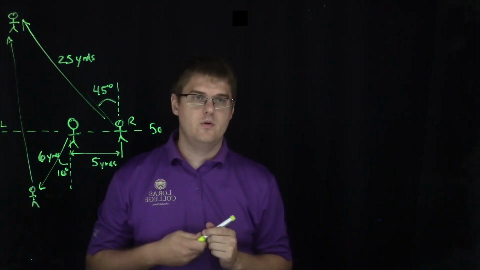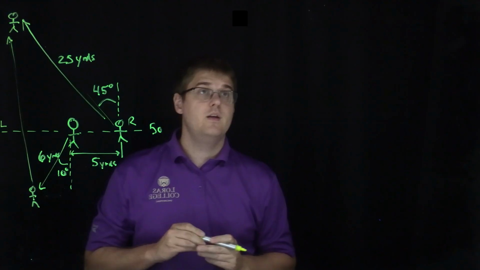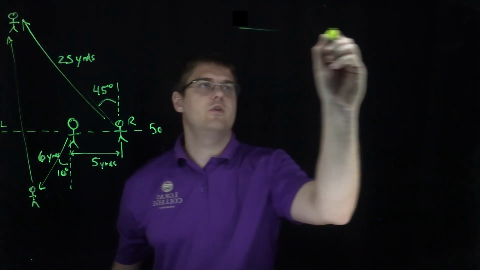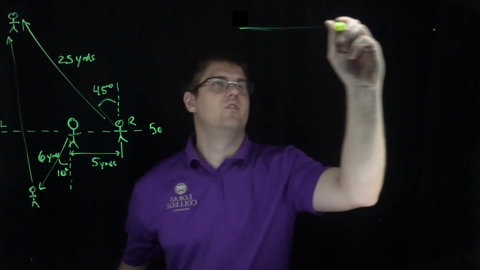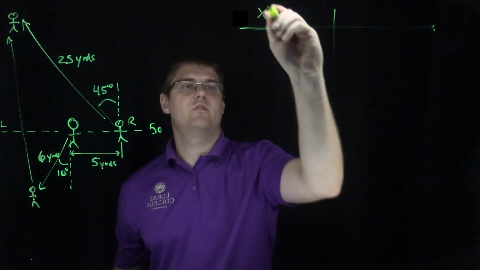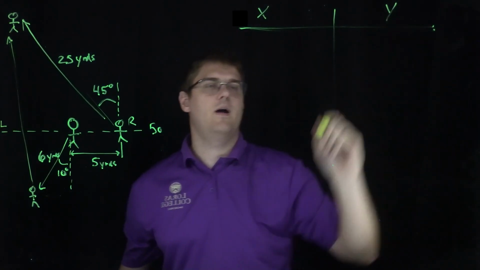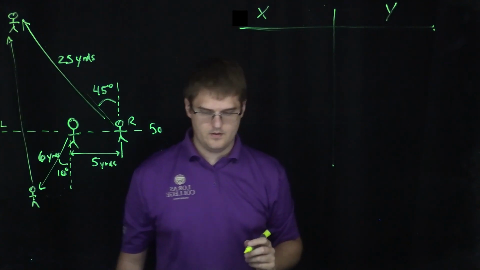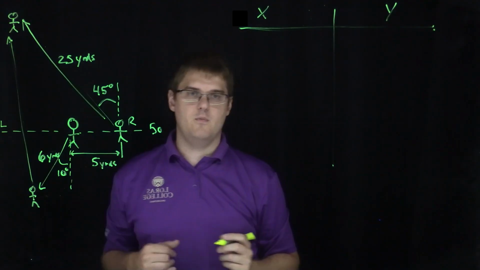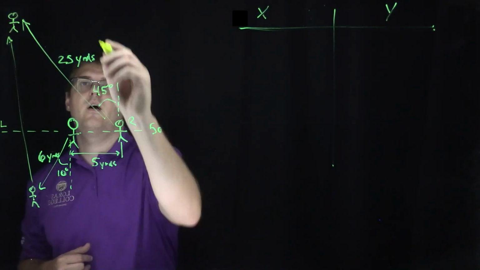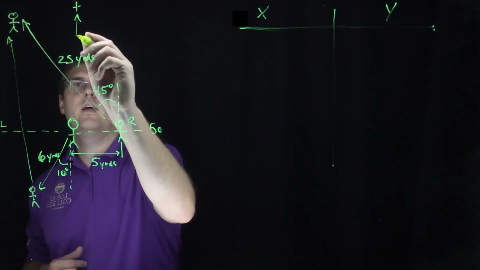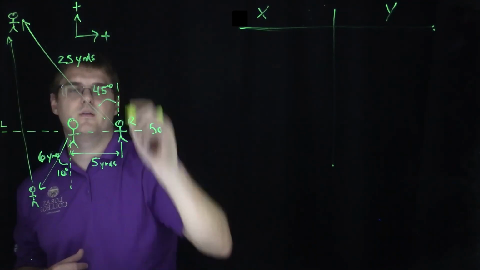So with that, what we're going to do is we are going to get used to splitting everything into what is happening in the x-axis versus what is happening in the y-axis. Okay, first thing we're told about is this quarterback movement. I'm going to label everything forward as positive and everything to the right as positive.